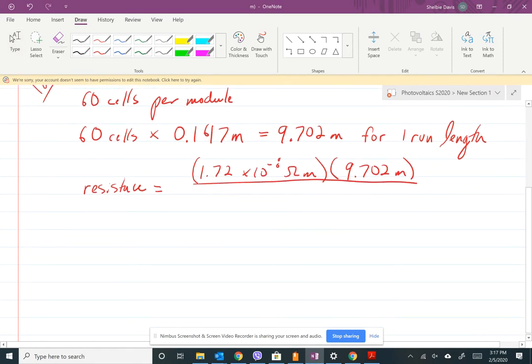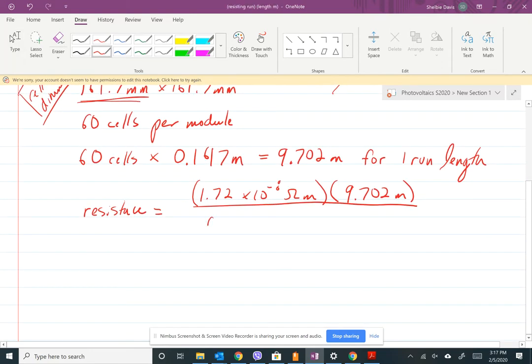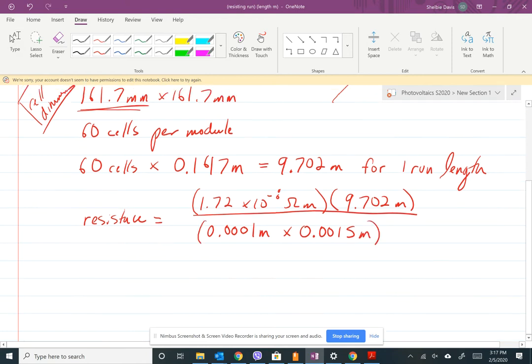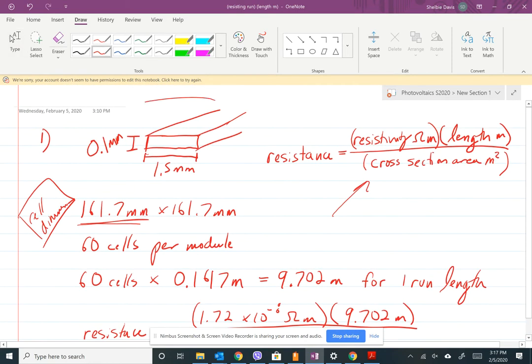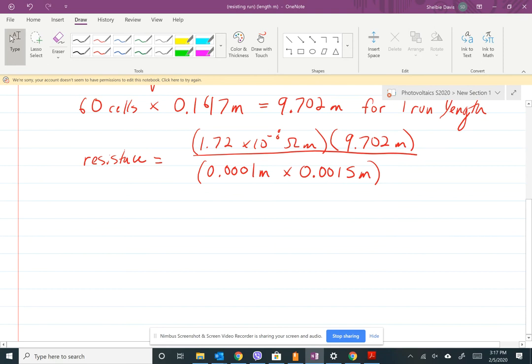Oh, cross-sectional area, which is going to be real small. It's 0.0001 meters times 0.0015 meters. Okay, because we know we're taking that from this right here. Cross-sectional area of the tabbing.